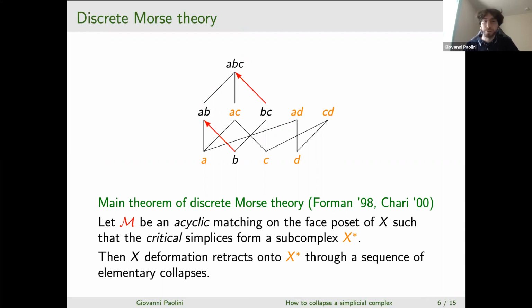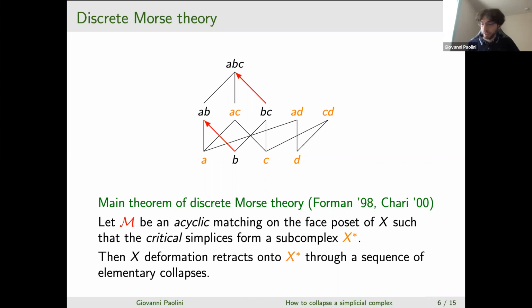He says that the correct condition is that the matching M should be acyclic, which I will explain in a moment. And also, of course, the remaining simplices, also called critical simplices, should form a subcomplex of your initial simplicial complex X, because every time you do an elementary collapse, a subcomplex remains. So you should leave a subcomplex at the end.